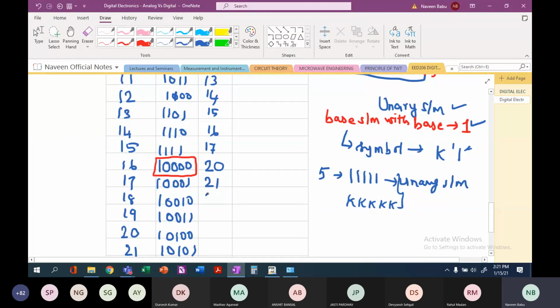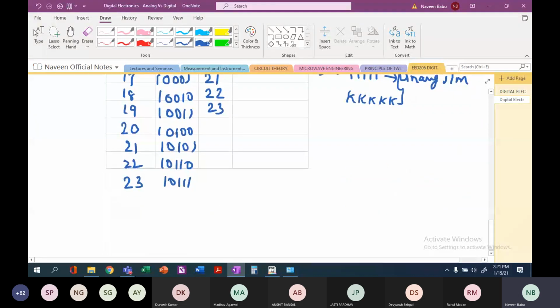So it is 20, 21, 22, 23, 24, 25, 26, 27. After 27, that is 24 decimal value, which is equivalent to 11000 in binary, in octal it gets reset to 30.